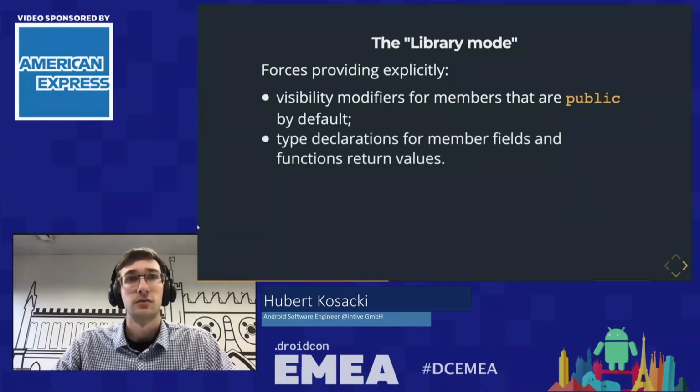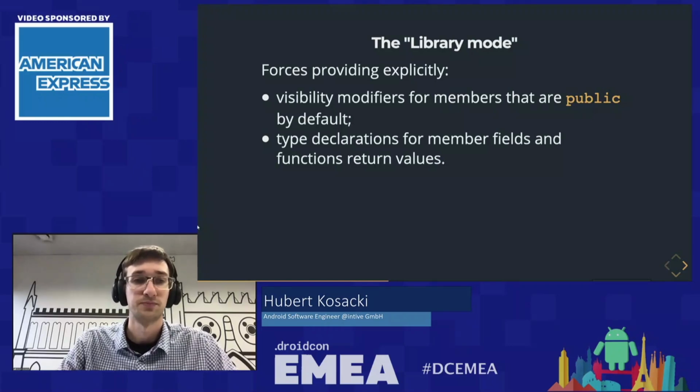The other thing that you will notice is that the type declarations for member fields and function return values will also be needed. We often rely on the type inference algorithm when writing Kotlin code. But in case of designing APIs, it is always very important to provide these types explicitly, so there are no issues that our library consumers will face when using our code base.